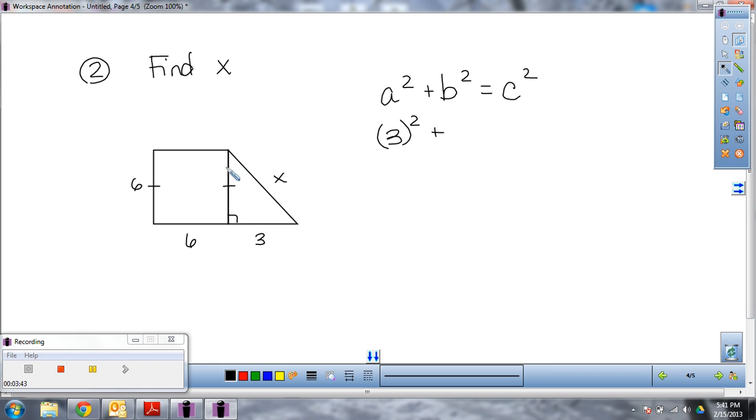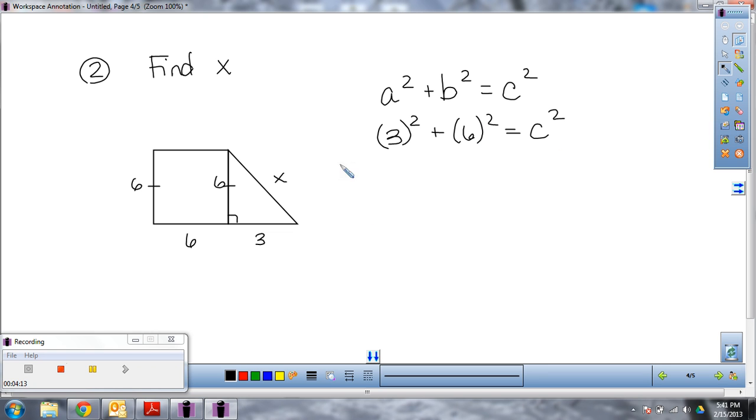I'm not currently given the value of this leg, but using my tick marks and using the other properties of the diagram, I know that this side of my four-sided figure has to be 6, and since they are congruent, this is also 6, and now I have the missing information for my leg that I needed, and I could substitute 6 squared in, equal to c squared.